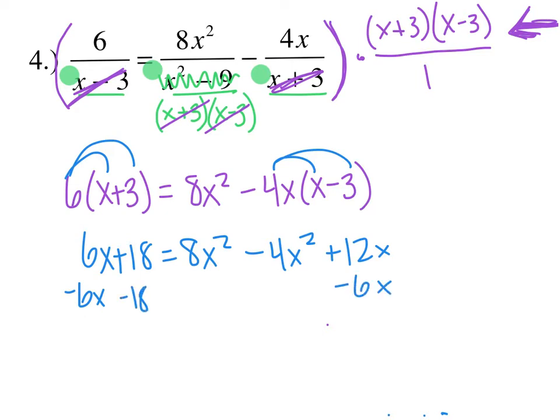So subtract 6x and subtract 18. There's nothing to subtract the 18 from, so it's just going to get tacked on at the end.